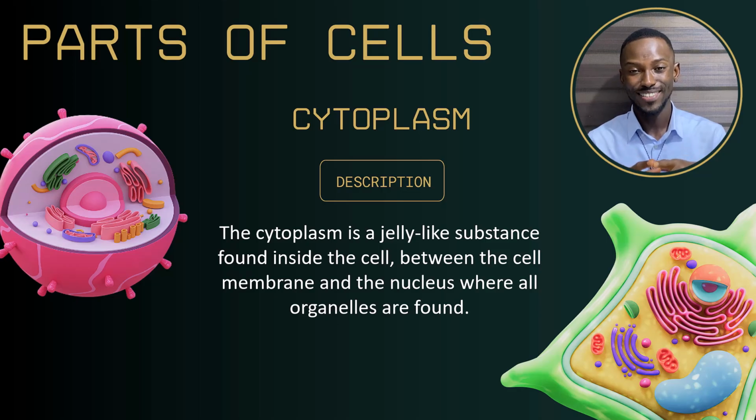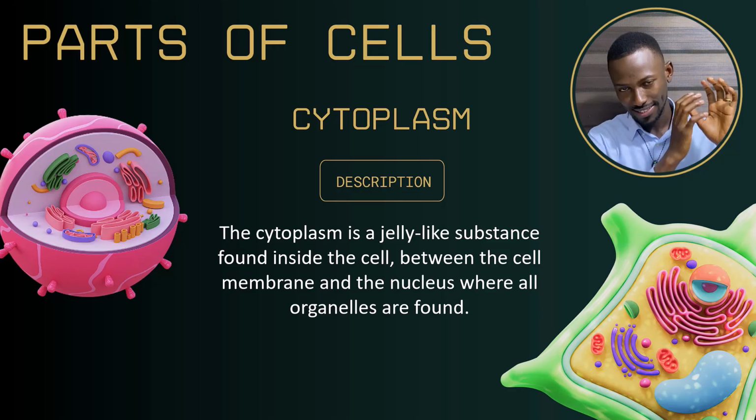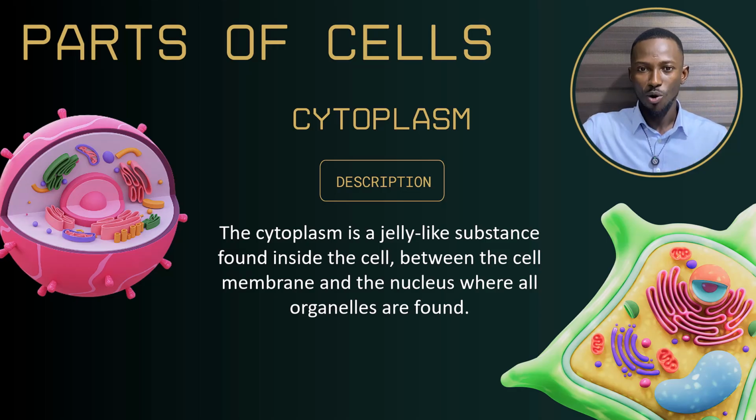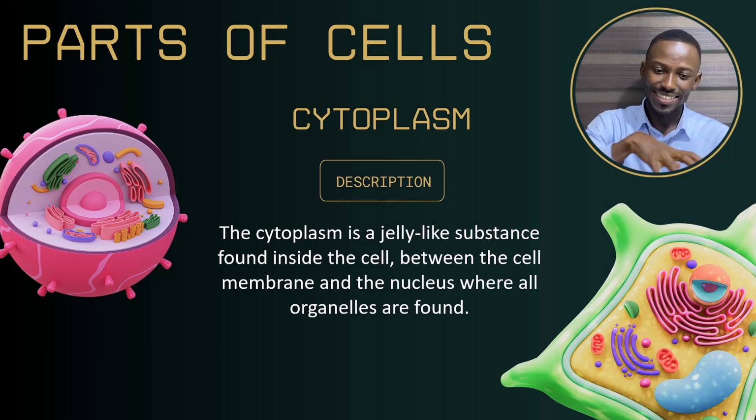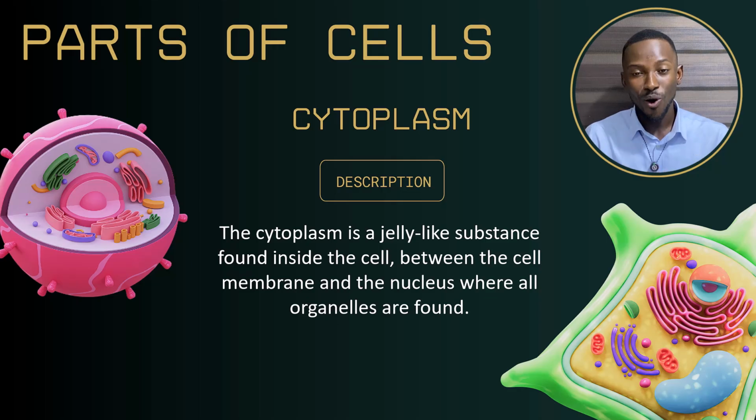To end the part on the cell, one interesting thing to end with is the cytoplasm of a cell. The cytoplasm is actually not an organelle. It is just the inner space of the cell. If you pick both the plant cell and the animal cell, the organelles are structures found inside the cell. That jelly-like substance inside the cell, in which all the organelles move, is known as the cytoplasm.